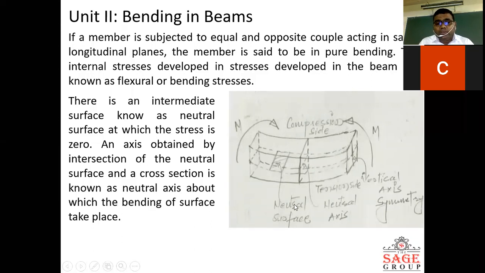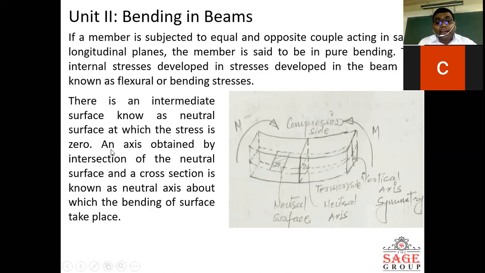Why is it called the neutral surface? Because both before and after applying the couple, there will be no stress. That's why it's called the neutral surface. There is no bending stress in this plane, this dotted line.